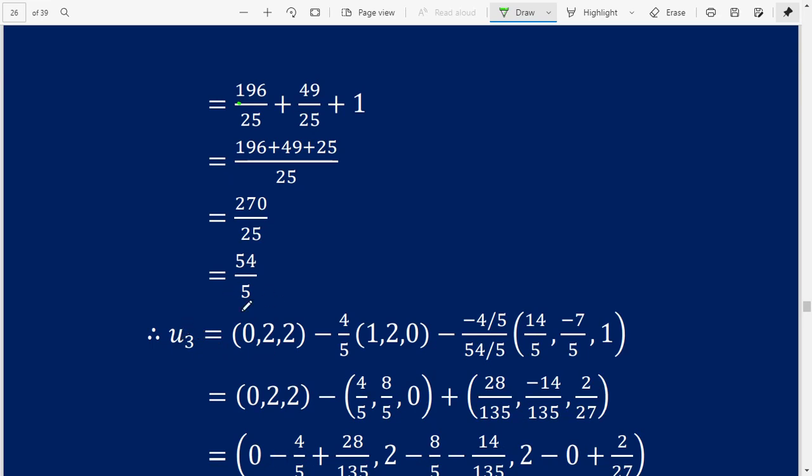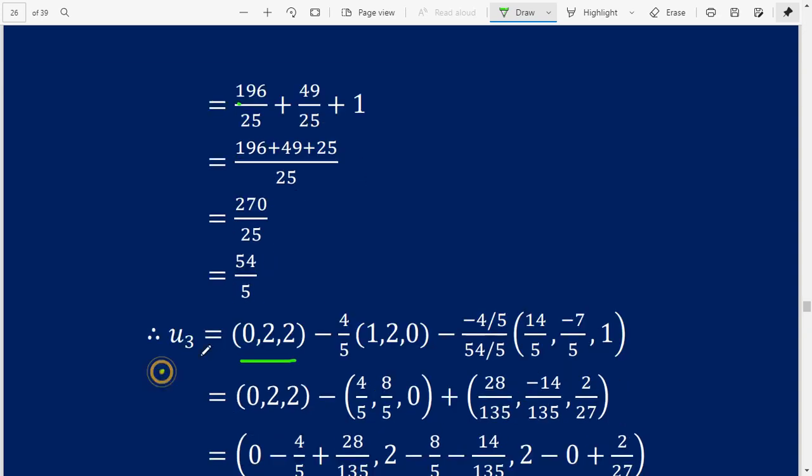So putting all the values: V3 minus 4 upon 5 into (1, 2, 0) minus (−4 by 5) upon (54 by 5) into (14 by 5, −7 by 5, 1).